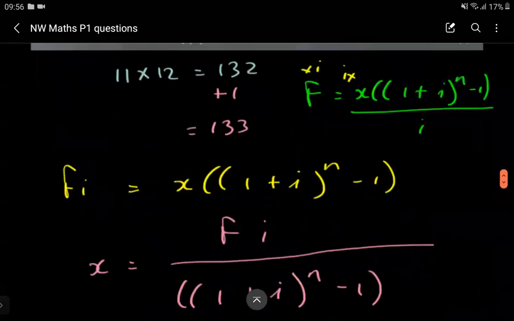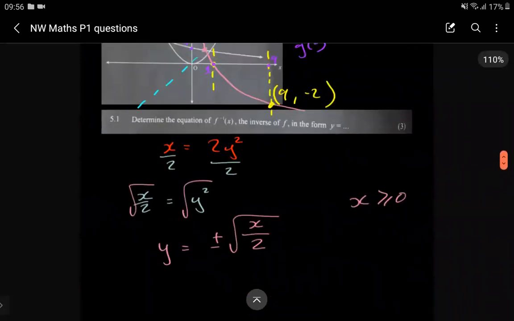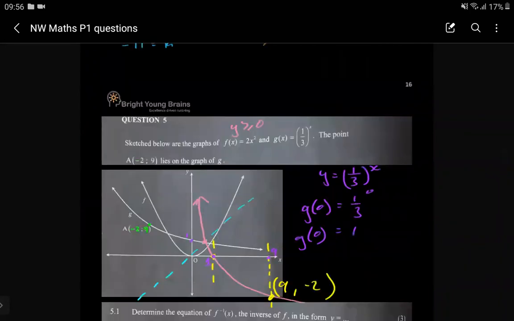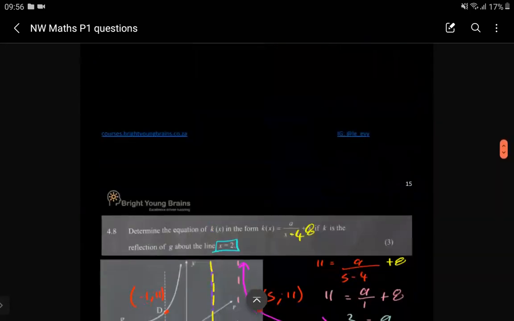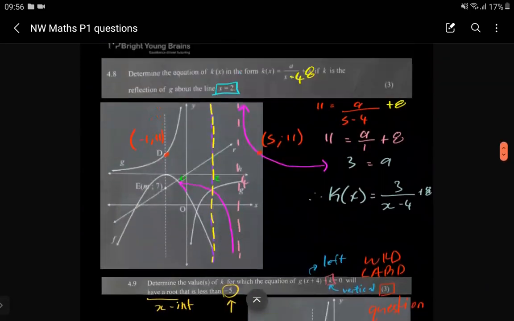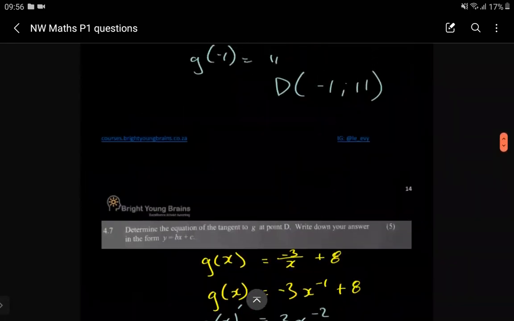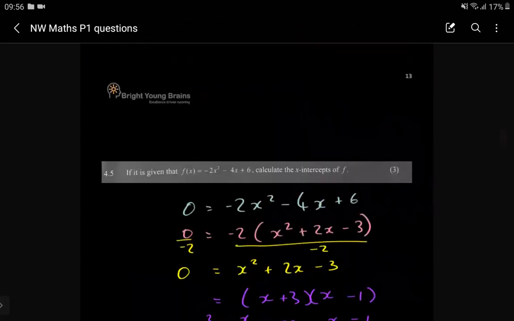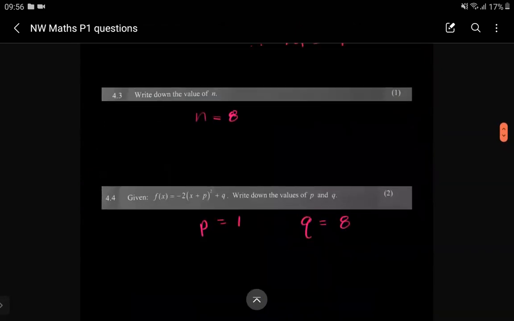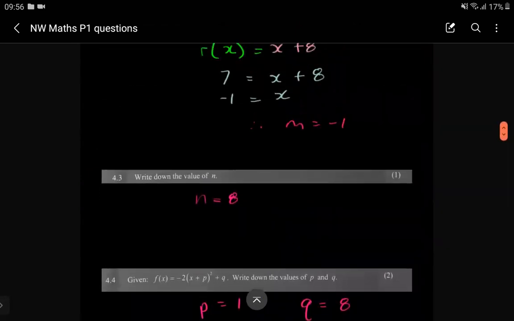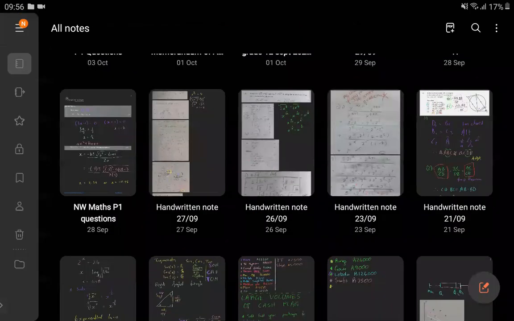So for example, here I'm looking for the parabola questions. Given that f(x) equals that, calculate that. Given that this is equal to that, write down the values of p and q. I think it was probably the Gauteng paper.